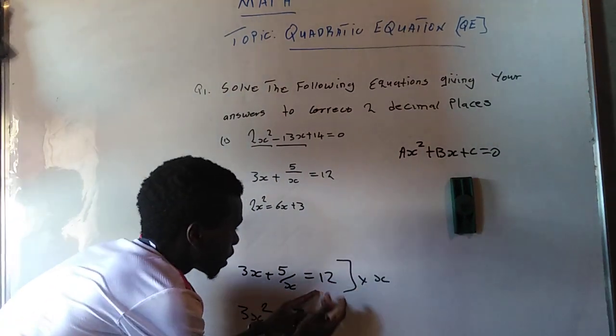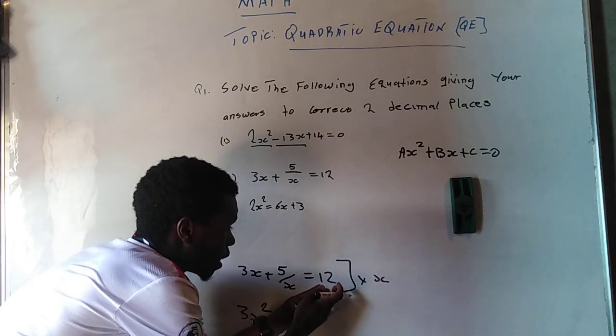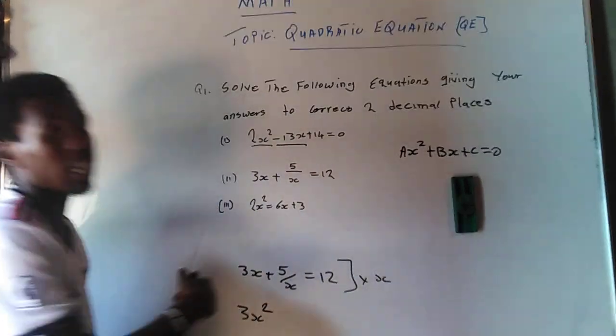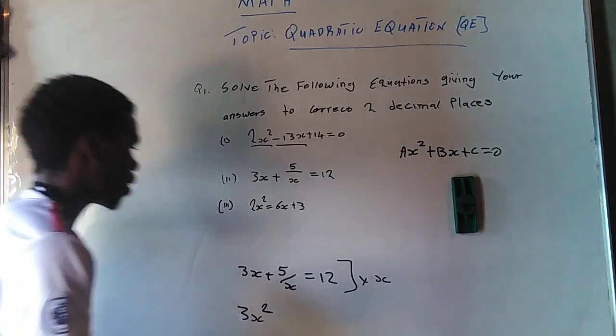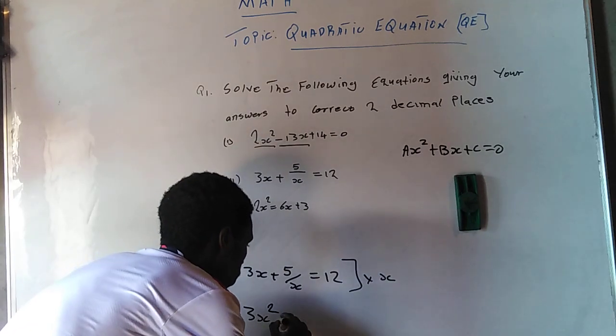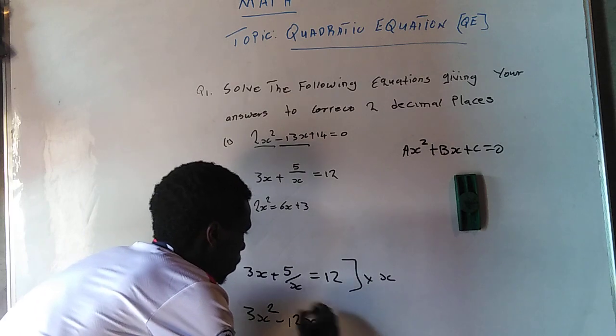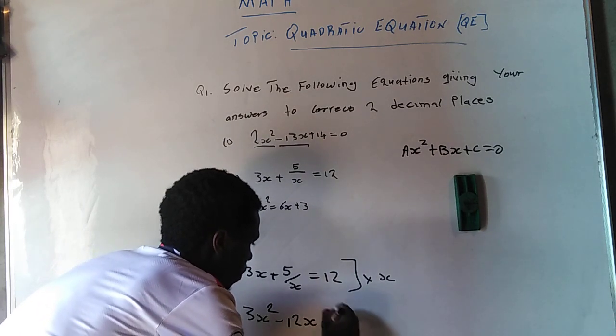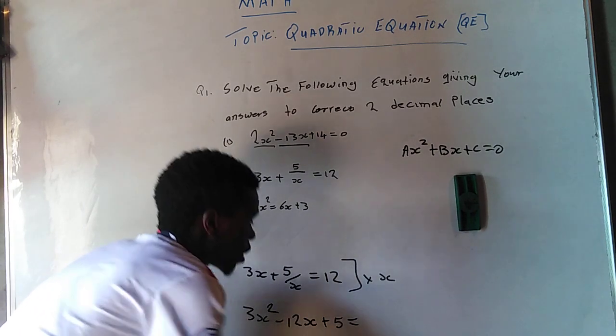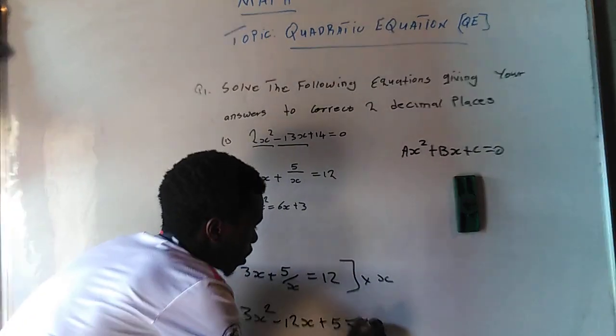Then this one is a positive, but when it comes inside, it's going to be a negative. So minus 12x, times this x, plus 5 is equal to what? You're going to remain with a 0 here.